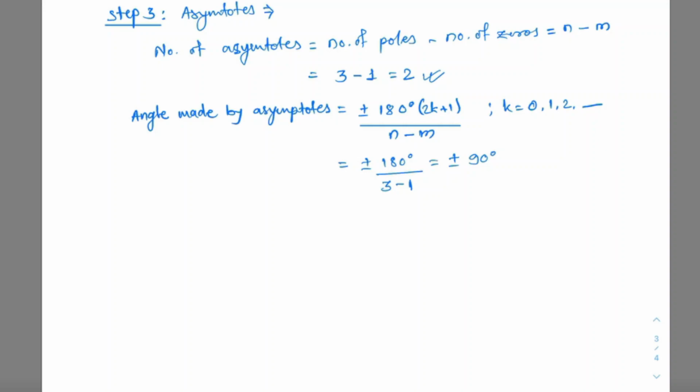So if we have two asymptotes, where does the asymptote intersect?